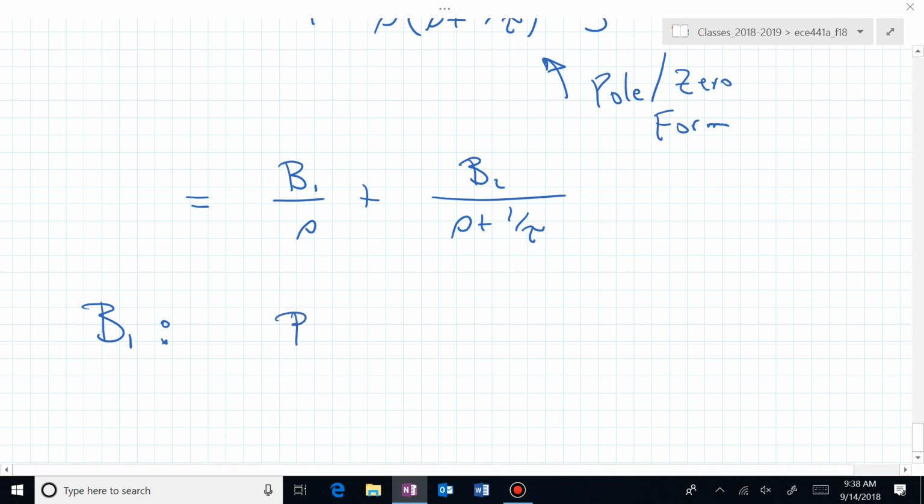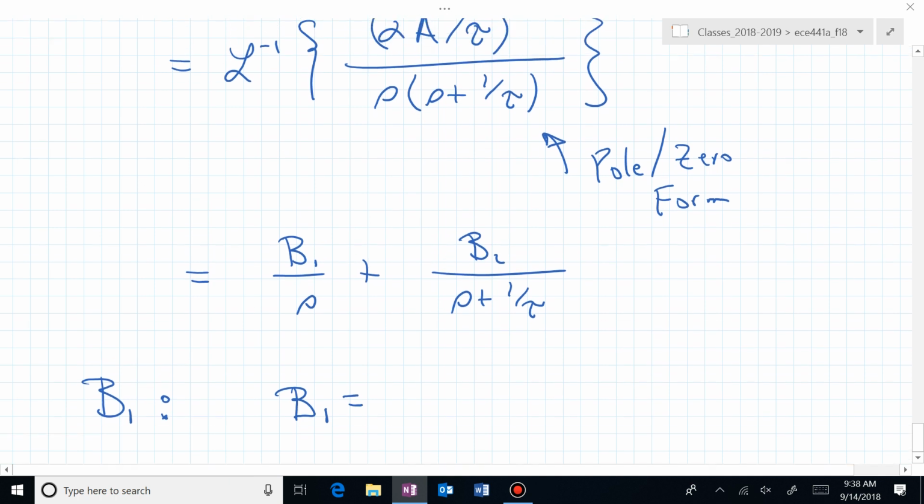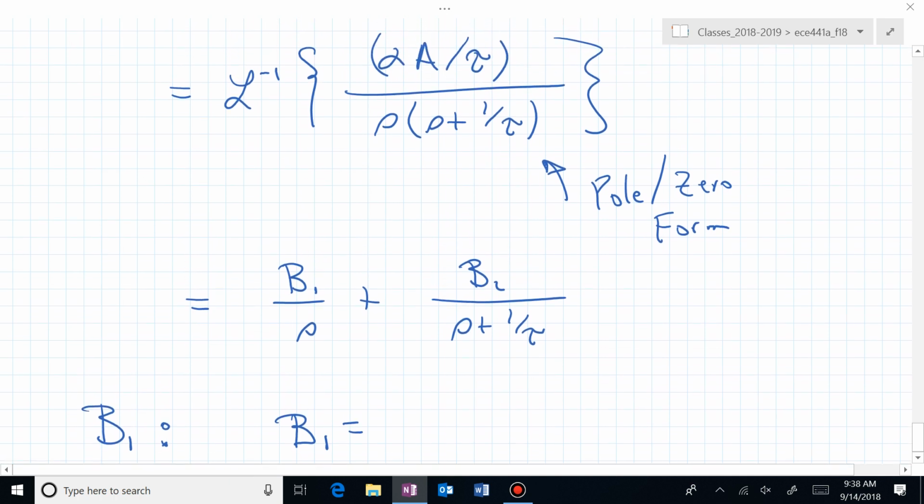So B1 now, if we do that in that curly bracketed expression, if we multiply that by s, the s in the denominator goes away, and we evaluate that at that location where that factor vanished, or at s equal to 0, and we're left with b sub 1's value.